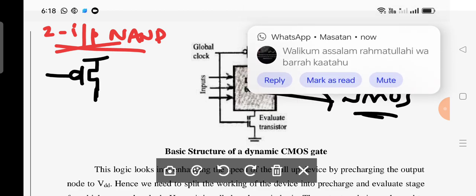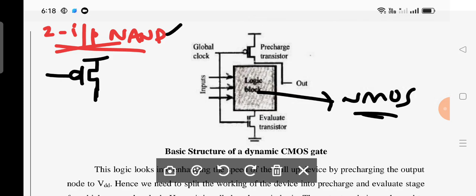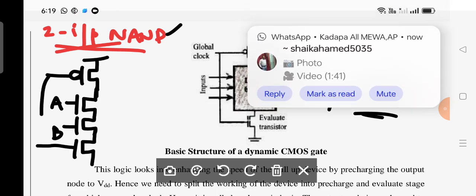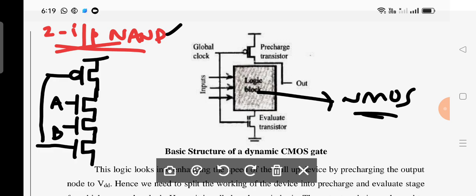We know that in a NAND gate, NMOS is going to be in series. Is it clear? Therefore you have a series combination because of 2 inputs. Let us consider A and B are the inputs, and you must have an evaluation transistor. This is an evaluation transistor. Let us understand this one is taking the clock, let us consider the clock is pi.